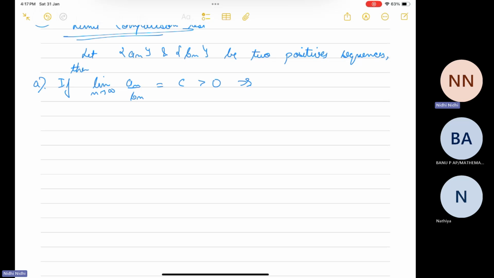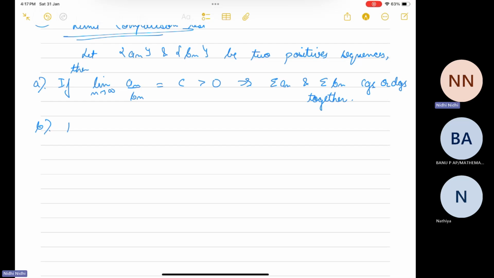That means if either one of them is convergent, then the other one will also be convergent. If either one of them is divergent, then the other one must also be divergent. Then summation a_n and summation b_n converge or diverge together if this limit is a finite positive real number.